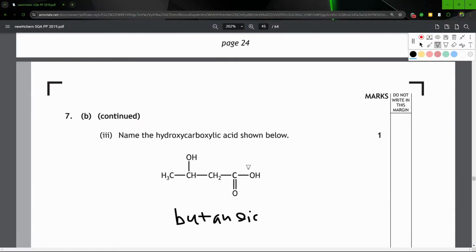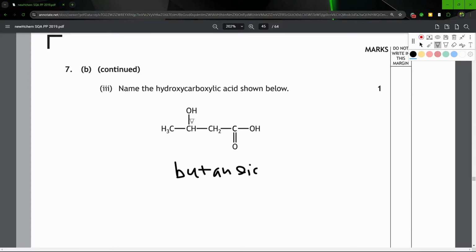We always count along the way so the numbers are as low as possible, counting from this functional group here. So that means 1, 2, 3. This will be at the third, so it'll be 3-hydroxybutanoic acid.